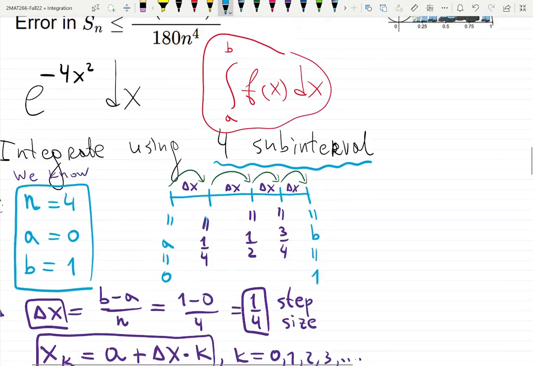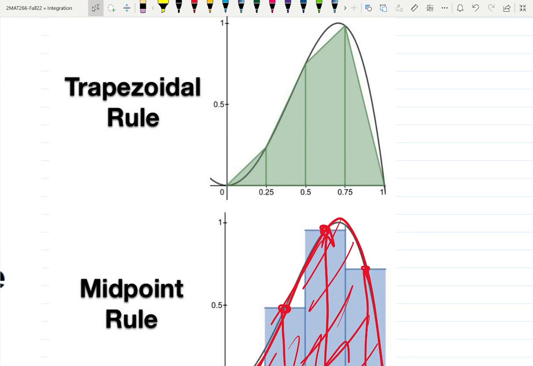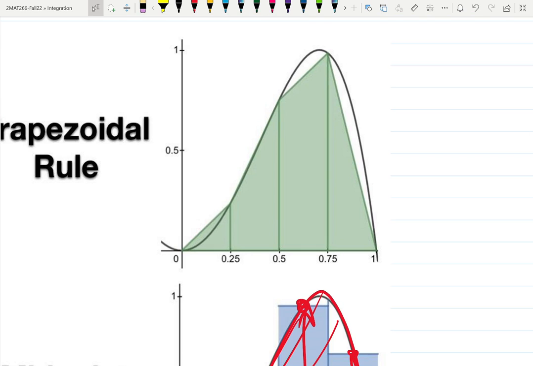The idea is when you look at the same graph, but now we're using trapezoids, all sides in between are used twice, see? A side is used for the right trapezoid and left trapezoid, except the last ones. The last ones are used only once, so this is the way you can remember.